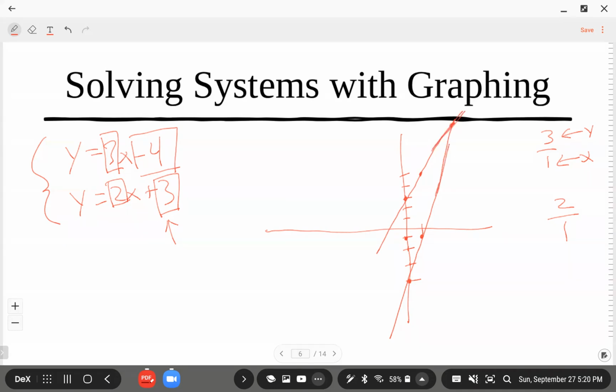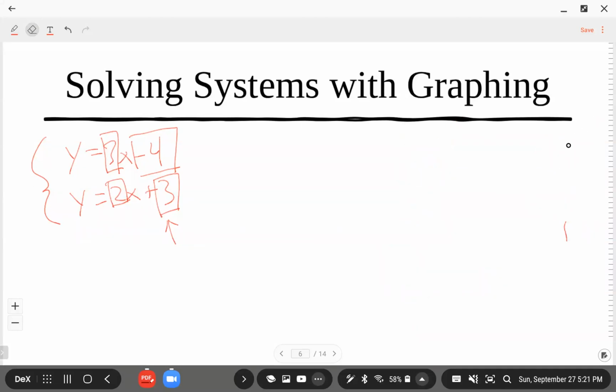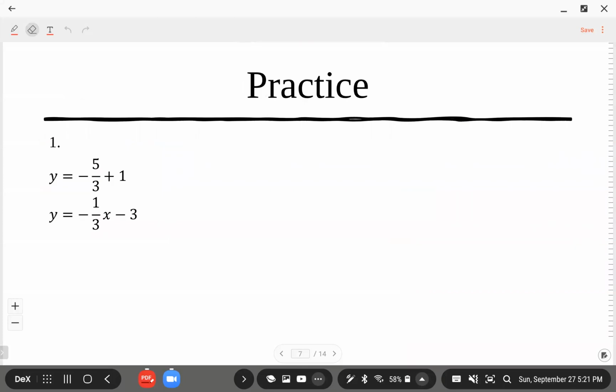I'm not going to find it because it might be a fraction. So that is a basic representation of using graphing to find the solution. In the problems that I give you, there are actually whole numbers, so you won't get any fractions. Let's start with this practice problem. Y equals negative 5.